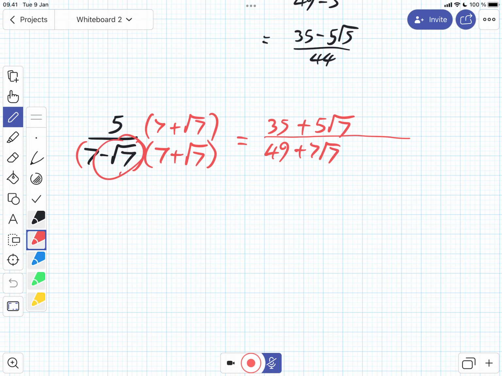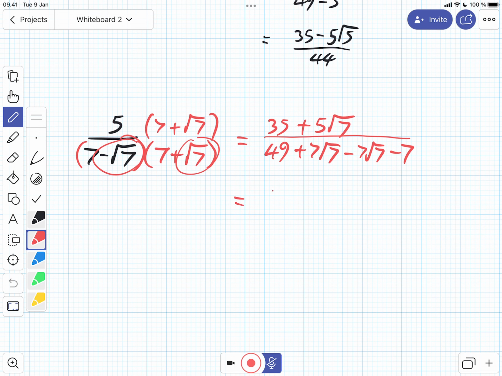Minus root 7 times the other 7 is going to be minus 7 root 7. And then finally, minus root 7 times root 7 is going to give us minus 7.